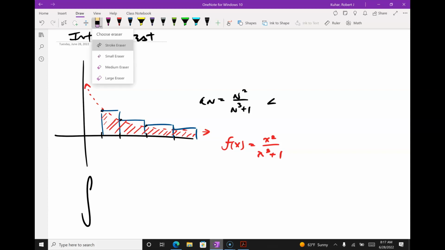Downstairs, the mother function is n, right? This really, in the long run, kind of behaves like n squared over n cubed, which is 1 over n. And that is divergent, right? So we're thinking this thing really is going to behave like something divergent with a comparison test.